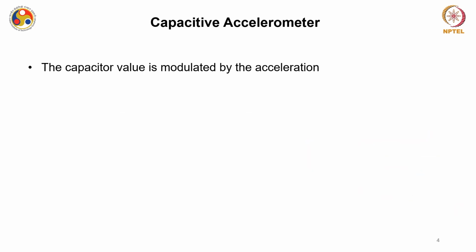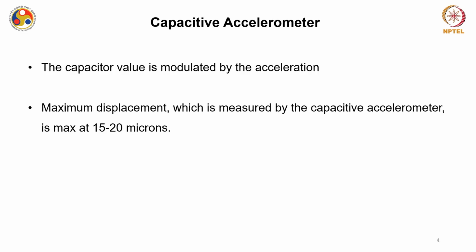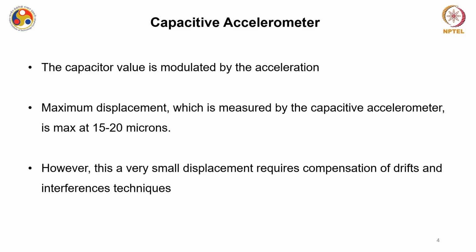Now this capacitor value is modulated by the acceleration of the proof mass. Of course the plate is also moving, but essentially we are talking about the acceleration in terms of the proof mass. The maximum displacement measured by this capacitive accelerometer is around 20 micron, not greater than that, because the capacitive value may be nullified for larger distance.